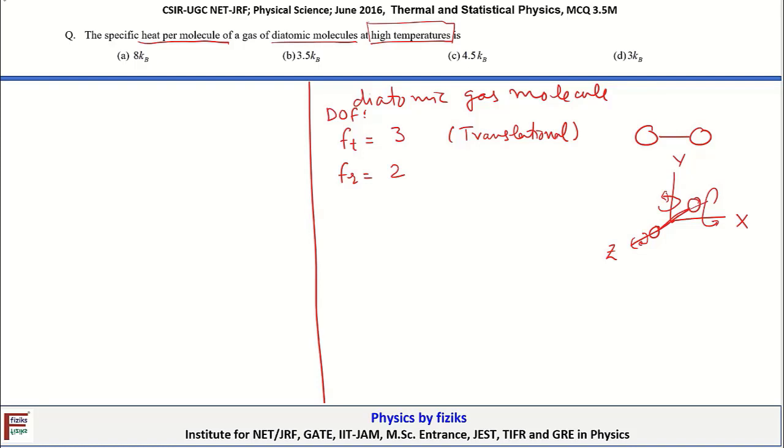But now it's given that the temperature is quite high, so that means we can also consider the vibrational degrees of freedom here. Vibrational degrees of freedom basically arise for the diatomic gas molecule.